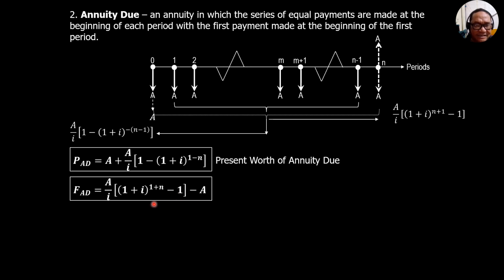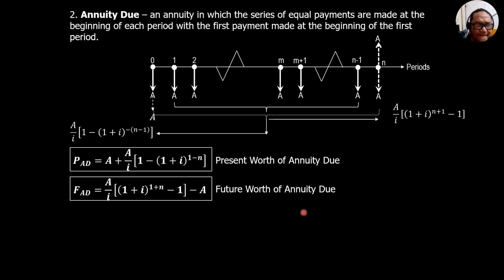You just adjust. You just subtract A, and the principle is there will be n plus 1 payments already for this annuity due. So that's it. So future worth of an annuity due.